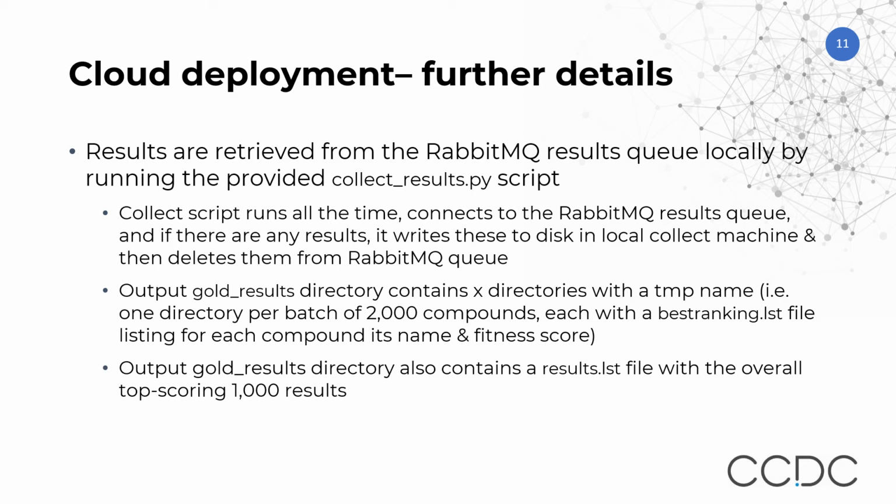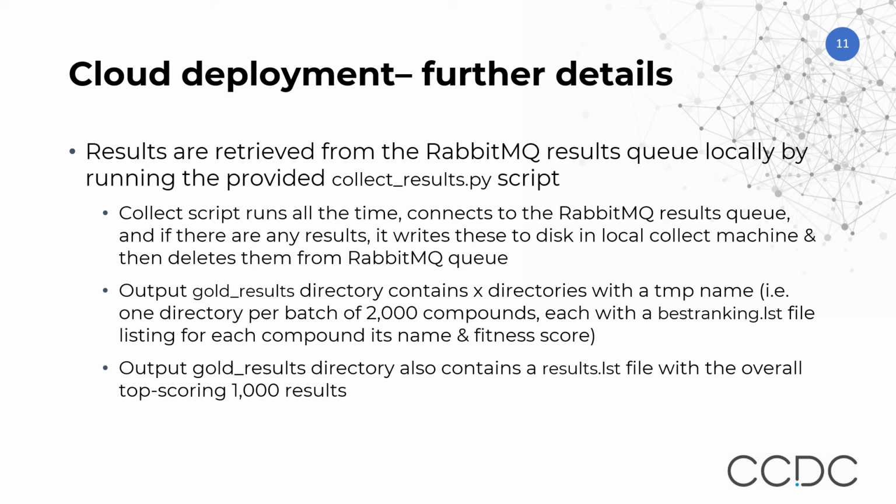What you obtain in the end is the overarching gold results directory, which contains as many directories as you had batches of compounds. And each of these directories is given a temp name. In the job submission Python script, we choose to batch the compounds in batches of 2,000 compounds. Each of these temporary named directories has a best ranking list file that lists for each compound a compound name as well as a fitness score associated with it.